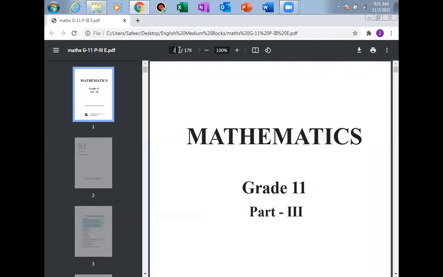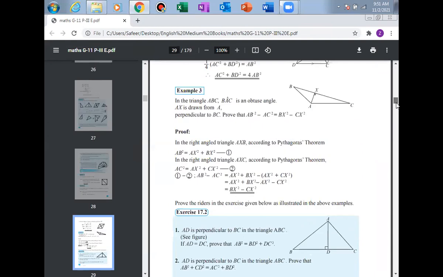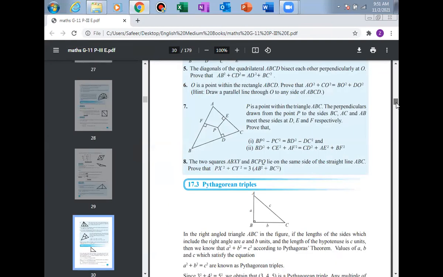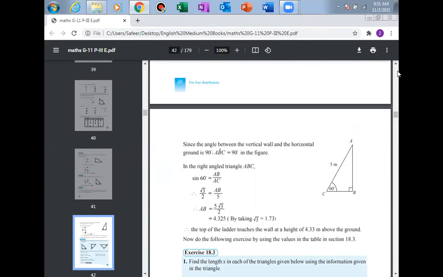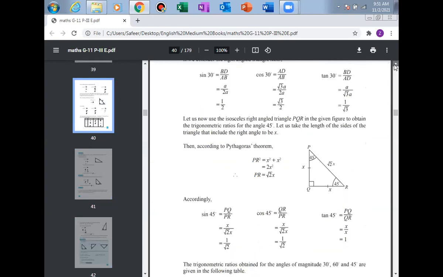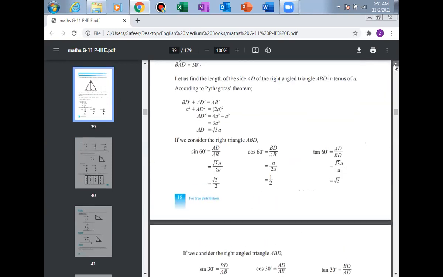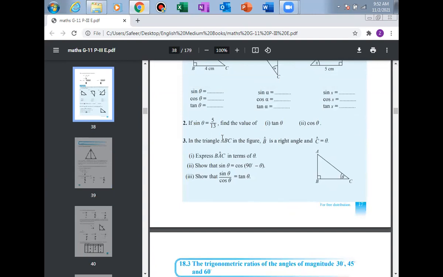Take page 17, question number 2. Question number 3, 2 we have done.